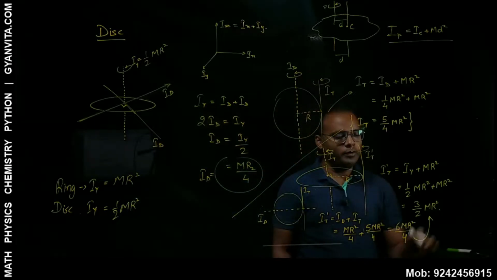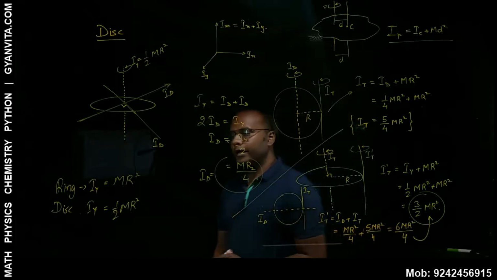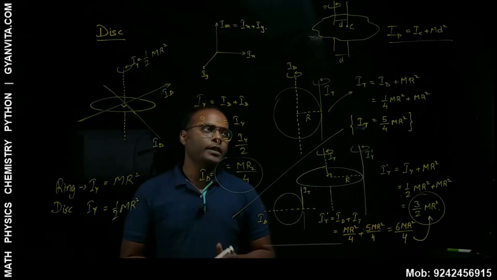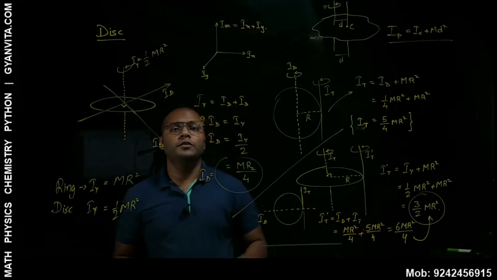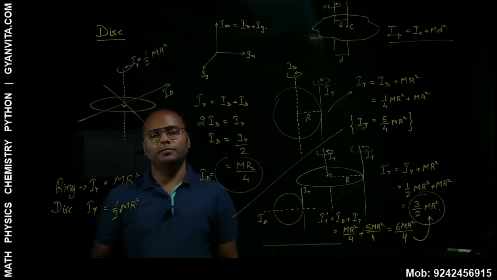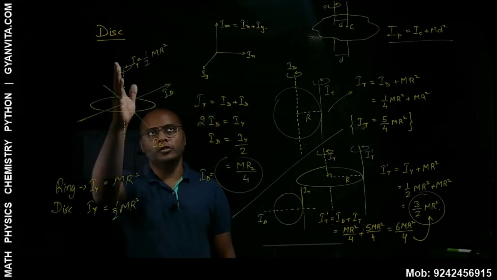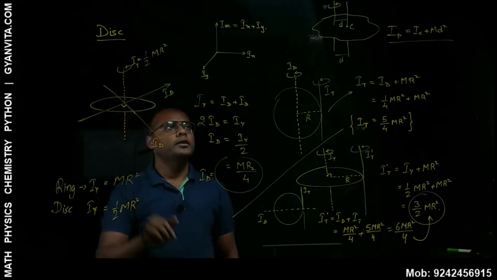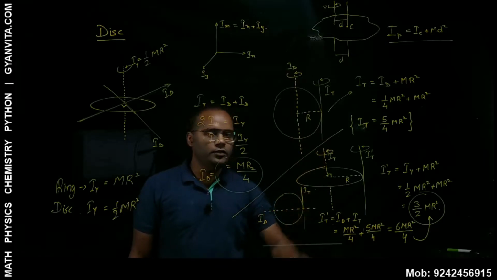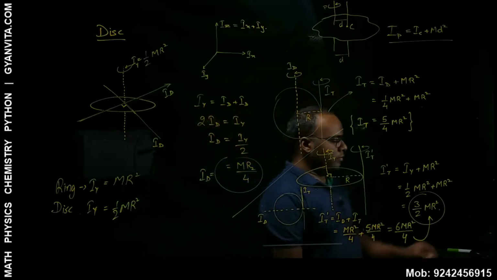So the moment of inertia about any axis you choose remains the same, irrespective of the choice of theorem you use to derive that expression. So here we have got it about how many axes? About the main axis, about the diameter, about the tangent in the plane, and about the tangent which is perpendicular to the plane, right? So that's all about the disk.